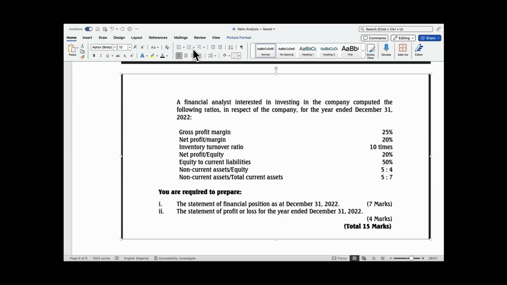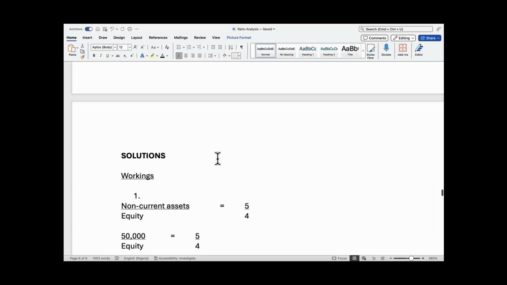They could even tell you expense to total expense ratio. They could specify a particular expense relative to total expense. Just put that expense over the total expense. They will give you the figures, you use them, then you'll be able to move on.